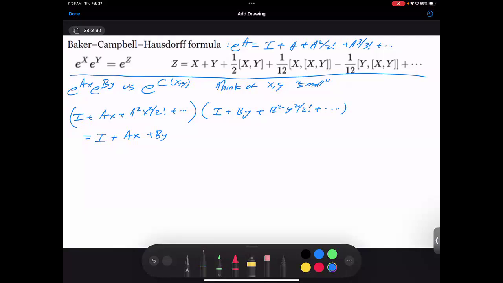Well, a squared x squared. Yeah, so maybe I'll have the 1/2 a squared x squared plus abxy plus 1/2 b squared y squared. Just put together all the terms of order 2.